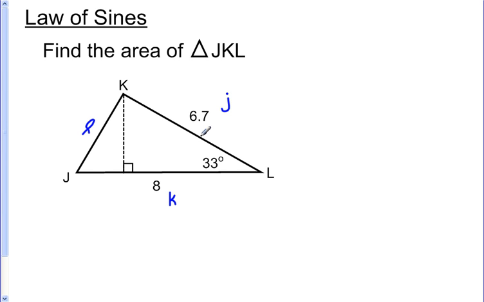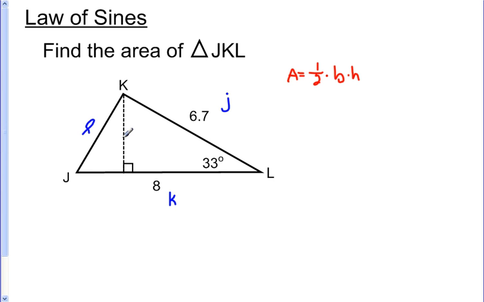Okay. So if we want to find the area of a triangle, what we know is that the area of a triangle formula is 1/2 times the base times the height. And so we know the base. The base is 8. What we don't know is the height.